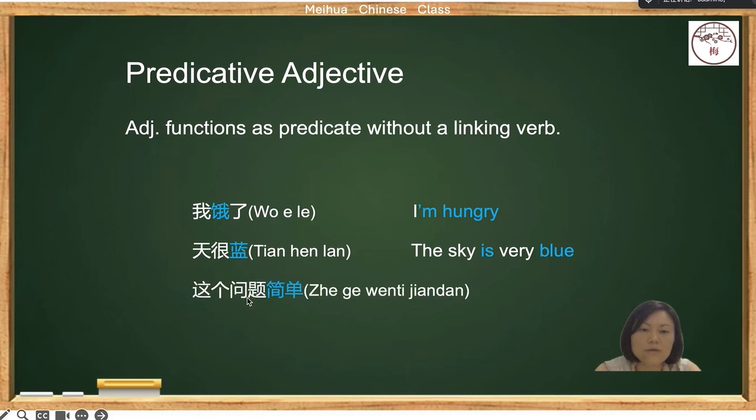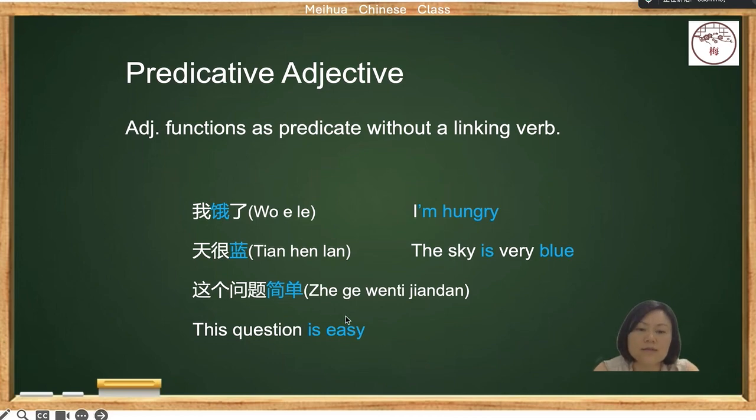Another one, 这个问题简单，这个 means this. 问题 means problem or question. 简单 is an adjective, means easy to do, easy to handle. See, we don't have any verb here in the sentence, right? It's subject plus an adjective. But in English, we should say this question is easy.